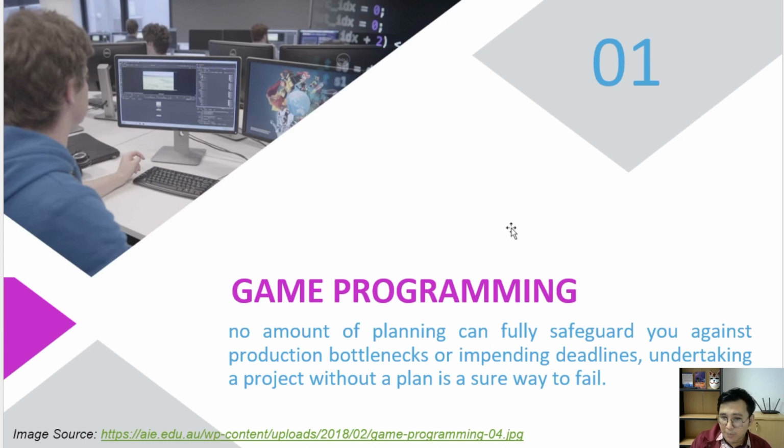So in game programming, there is no amount of planning that can fully safeguard you against what we call problems, or production bottlenecks, or impending deadlines. Undertaking a project without a plan will always be a risk that will make you fail in game development.